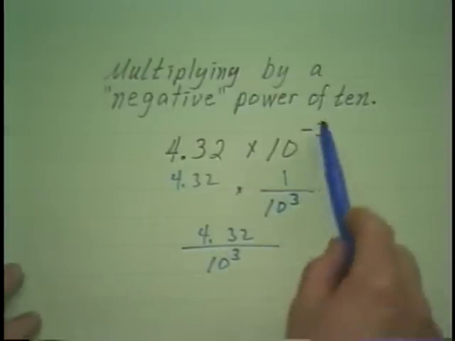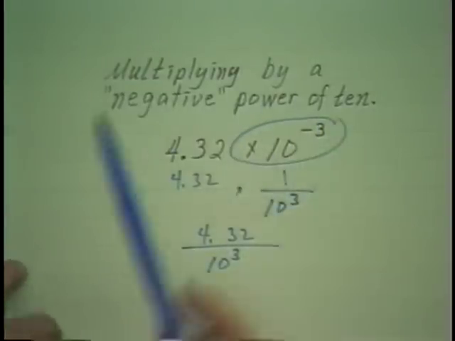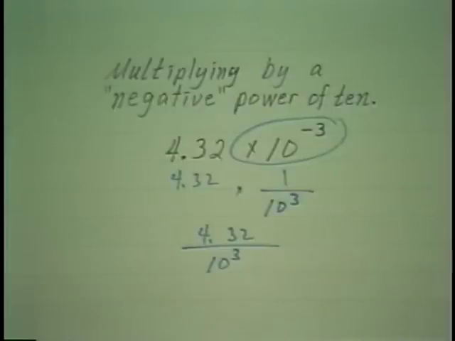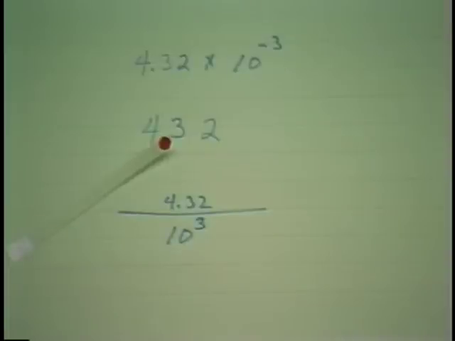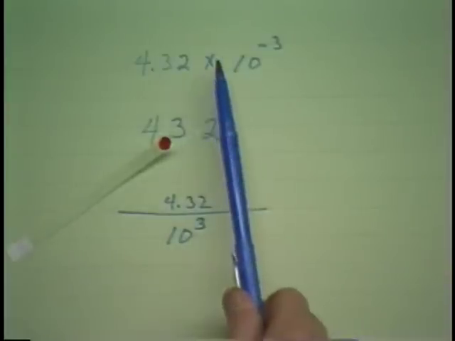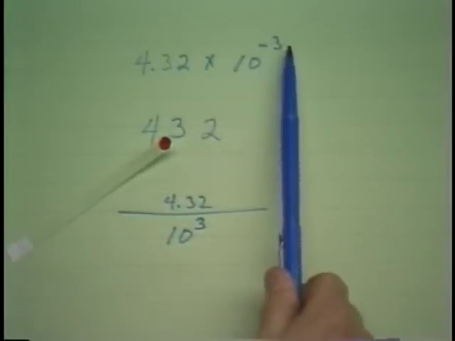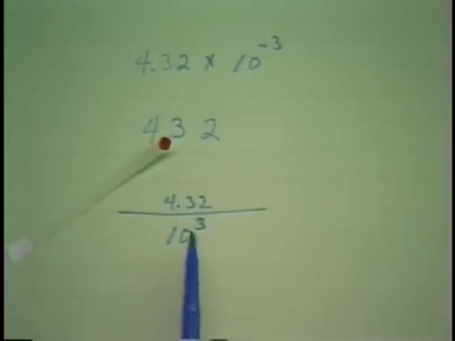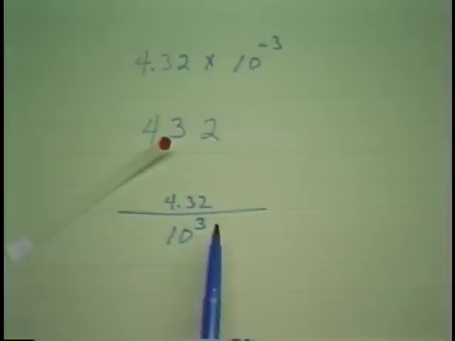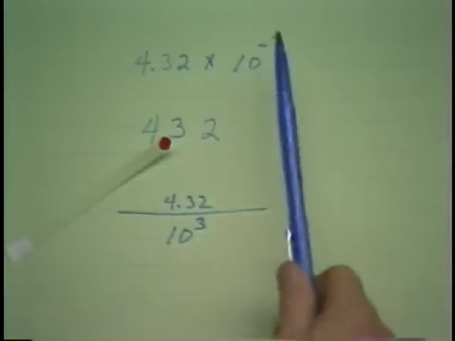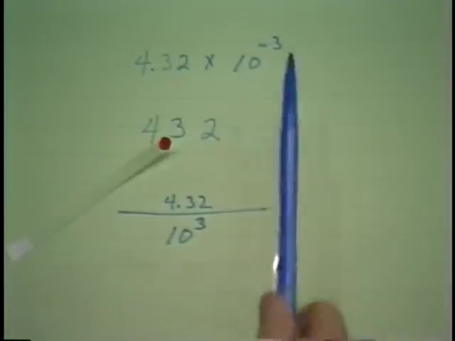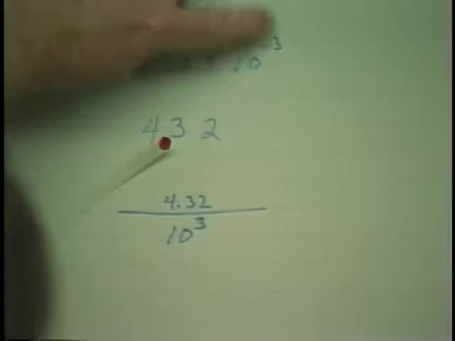So, first note, multiplying by a negative power of 10 is the same as dividing by its positive equivalent. Now the shortcut we're going to give you for this procedure is simply this. If you're multiplying by a negative power of 10 or dividing by a positive power of 10, your number will get smaller by that many places, 3 places if you don't look at the negative sign.